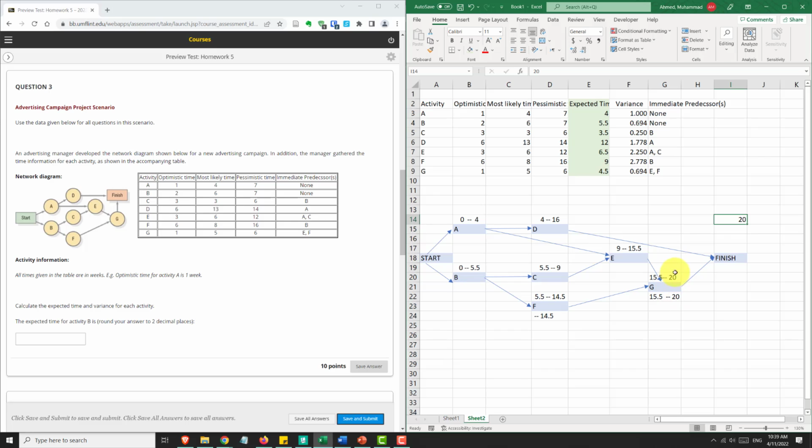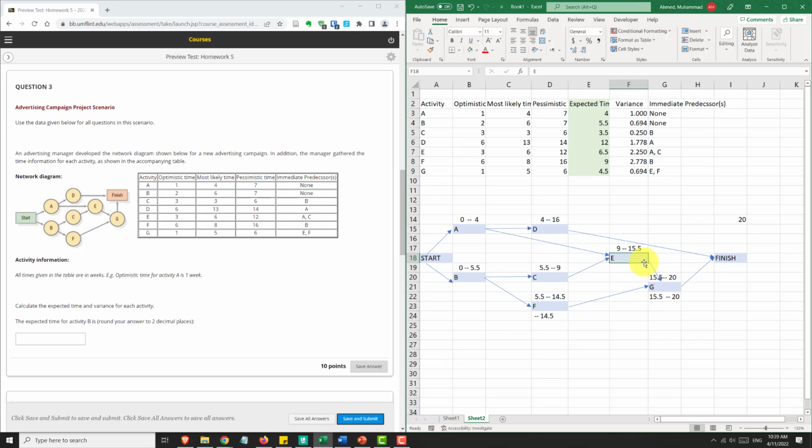So G must finish by week 20. So that's the late finish. Otherwise, if it finishes beyond 20, it will delay the whole project. And 20 minus 4.5 gives us the 15.5. So the late start for G is 15.5. Now we can work backwards.